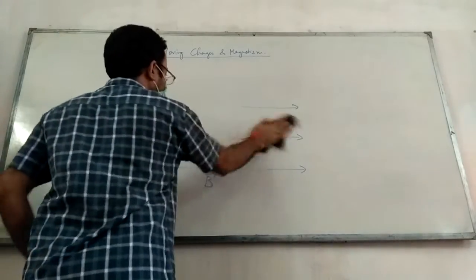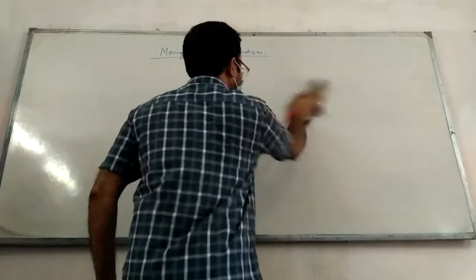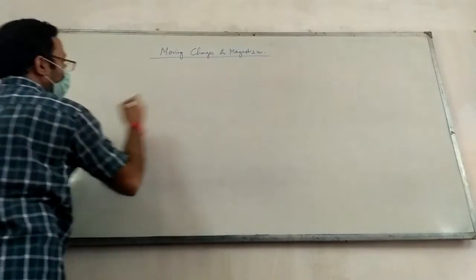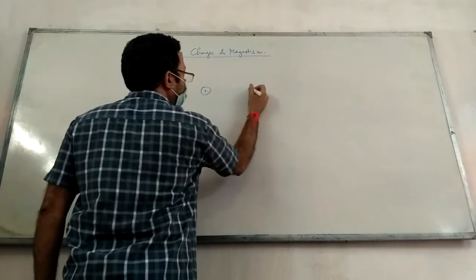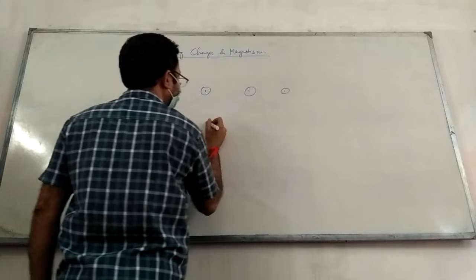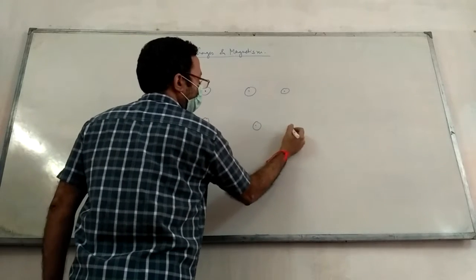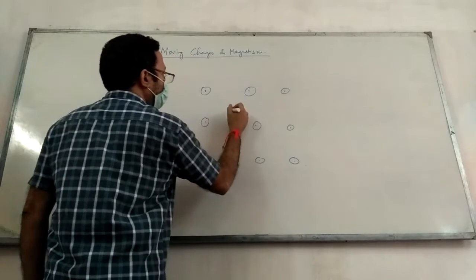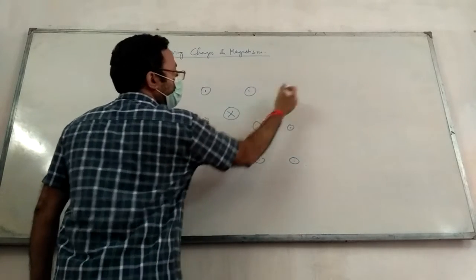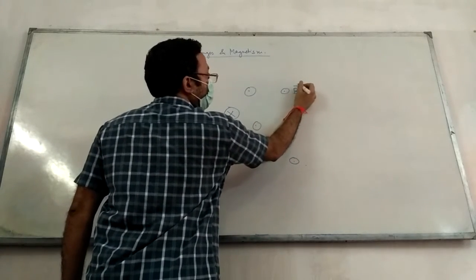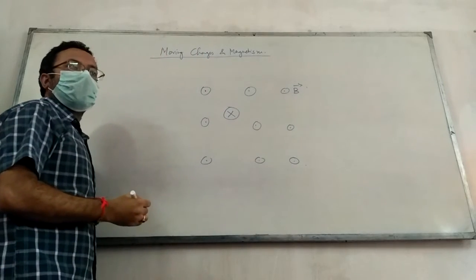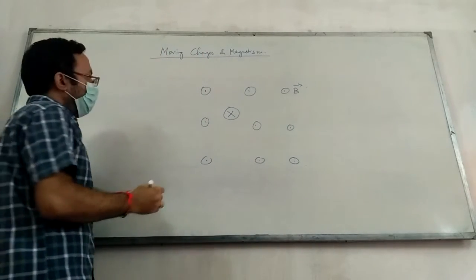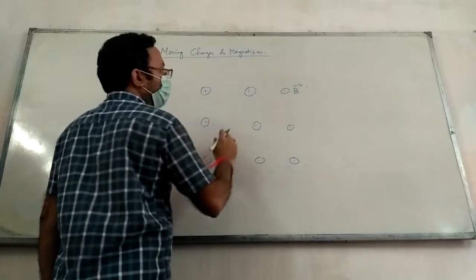Let's take up the next question quickly. These dots are the direction of magnetic field.